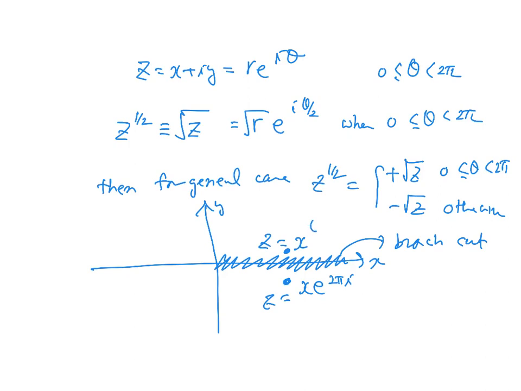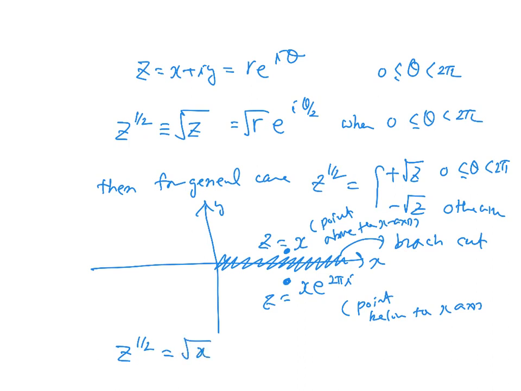So this is a point above the x-axis. This is a point below the x-axis. Then z to the 1/2 is root 2x or minus root 2x, depending on where it is.